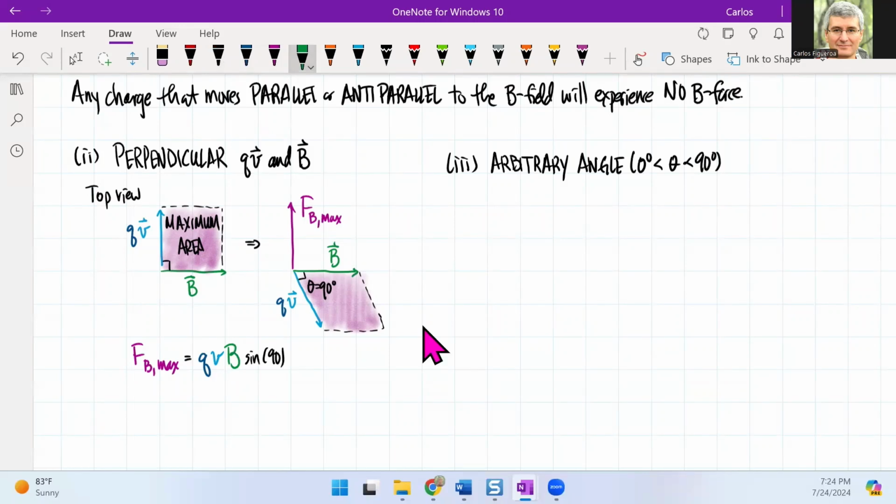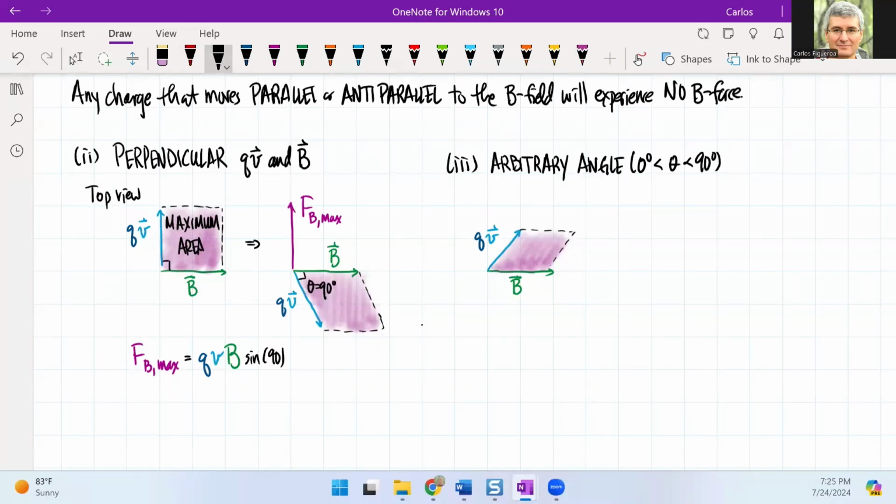Because if I look at the previous situation, now I have a magnetic field here, but now my area here, even if it's the same length, this area between these two vectors will not be the same. This will be a smaller area.